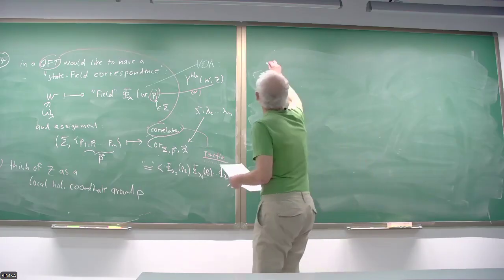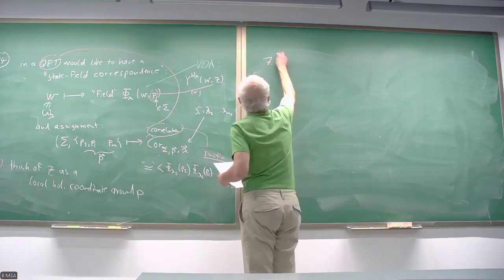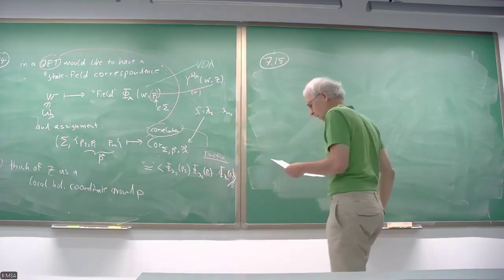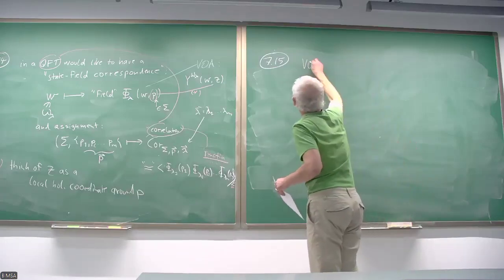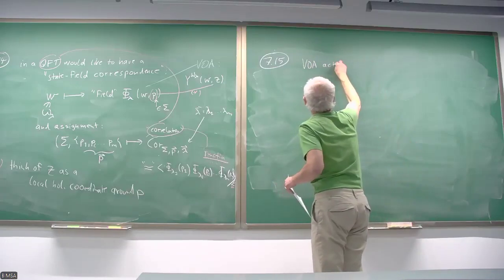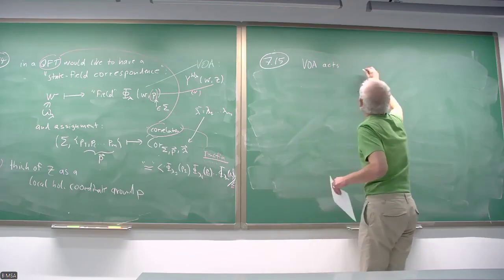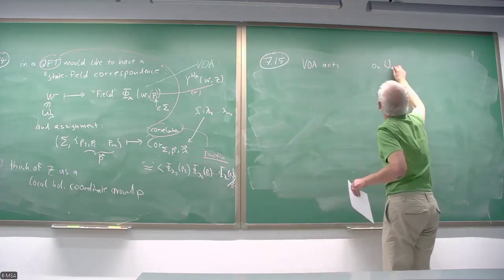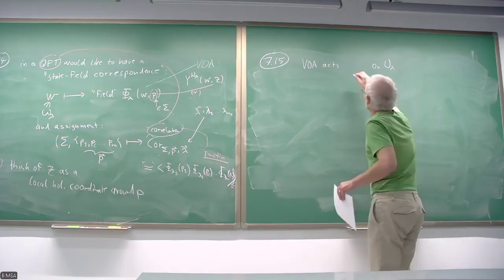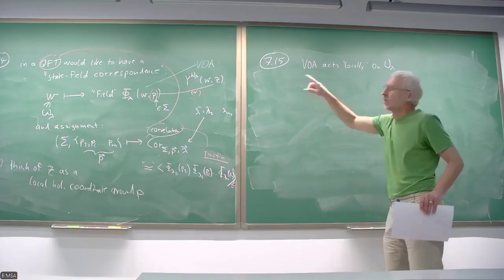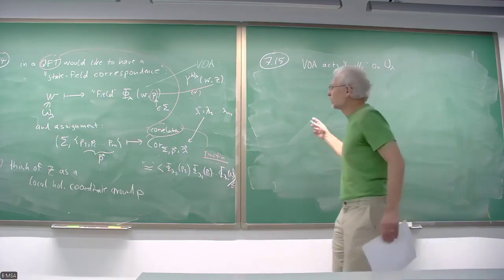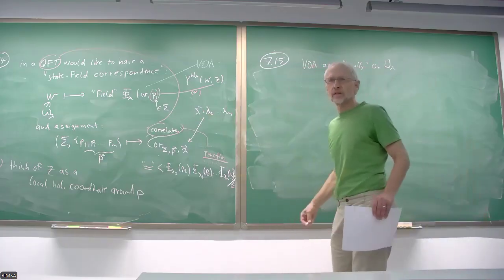So the first thing to notice is that the vertex algebra acts on W lambda, and I could say it acts locally, namely in terms of the formal variable Z, which I interpret as a local coordinate.